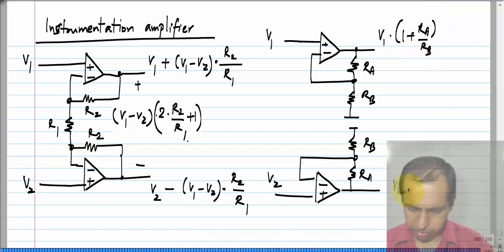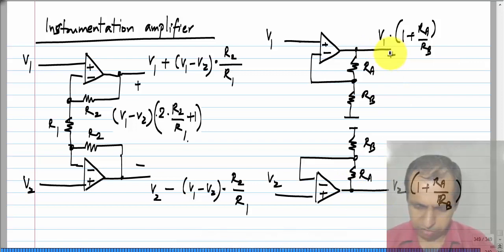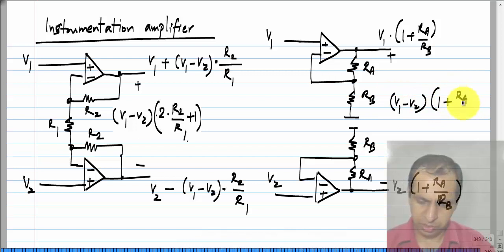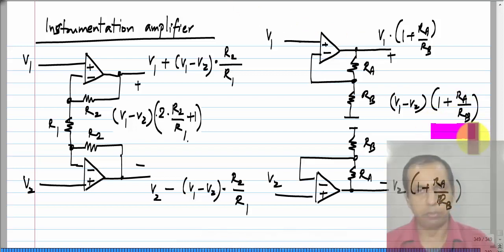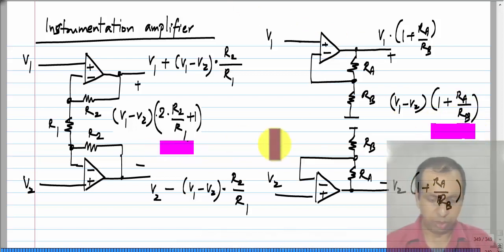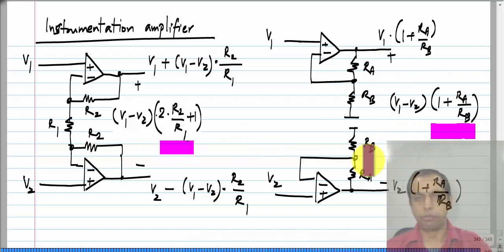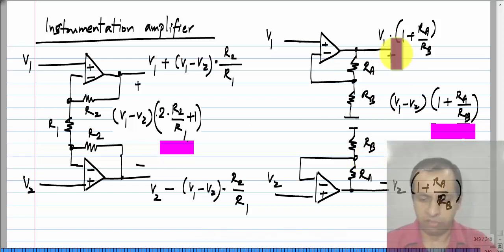The other one will be V2 times 1 plus RA by RB, and the difference between them would be V1 minus V2 times 1 plus RA by RB. Now, it appears that if I set 1 plus RA by RB to be the same as 2 times R2 by R1, the difference output will be the same, but the important difference is in the individual outputs.